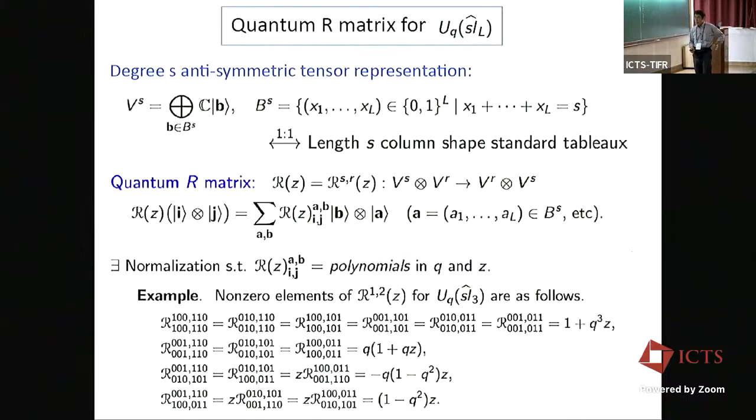For the quantum R matrix, you can derive such a formula by many means. For example, in principle, you can take the image of the universal R by this representation. Or, in a more pedestrian way, you can determine the commutant of the action of this algebra U_q. That gives you this result up to normalization, up to the choice of gauge, and so on.